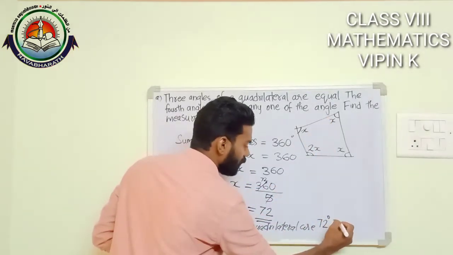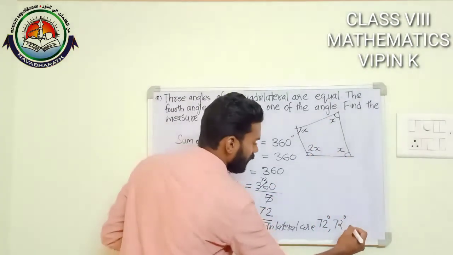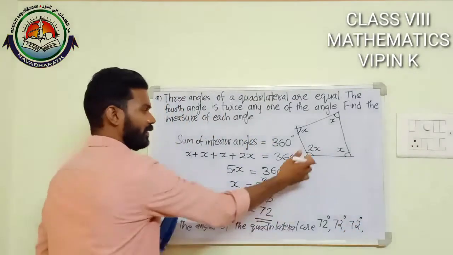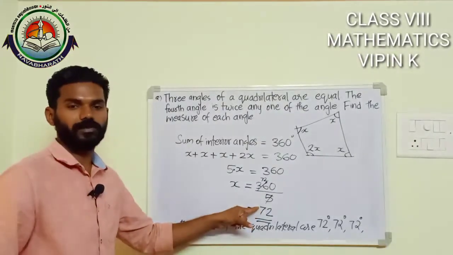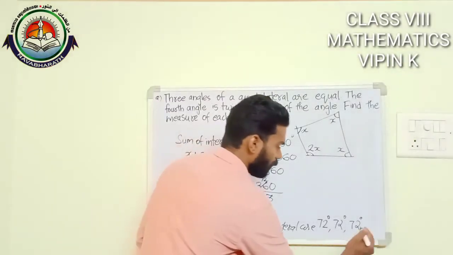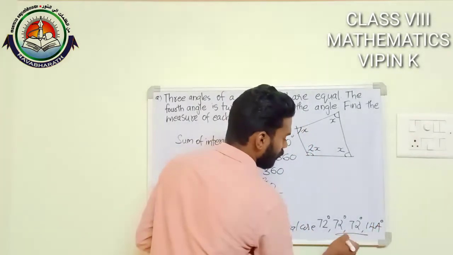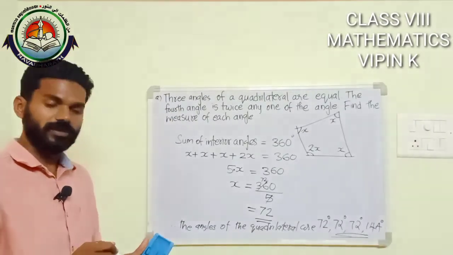Again x, it would be 72 degree. Again x, it would be 72 degree. And what would be the final? It is 2x, which means double of 72. 72's double would be 144 degree. So this would be the correct answer for this question.